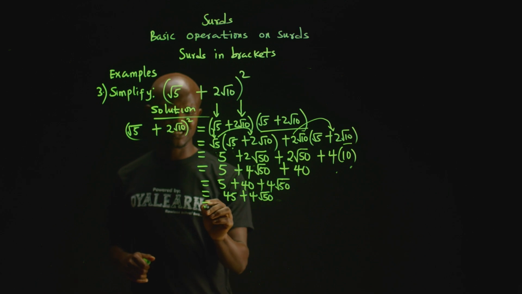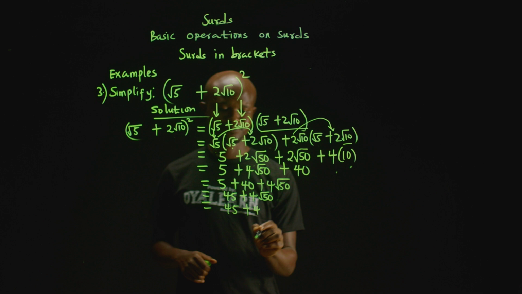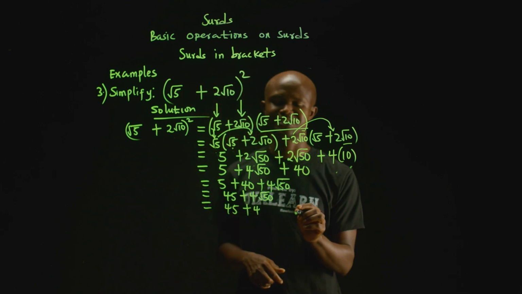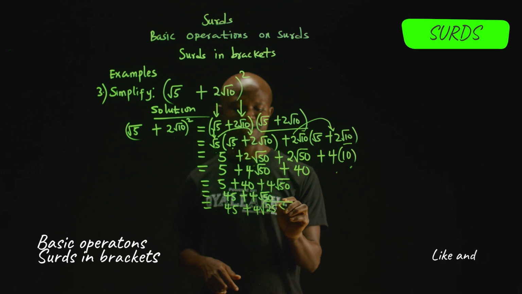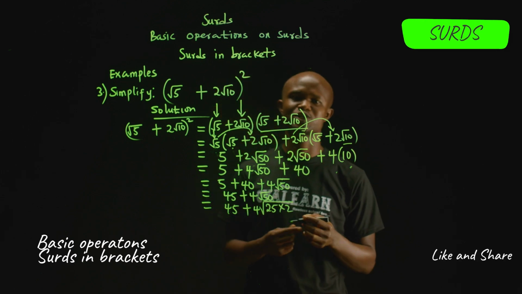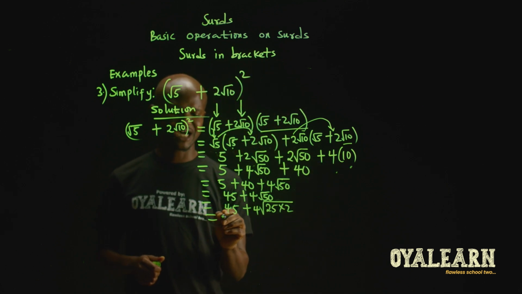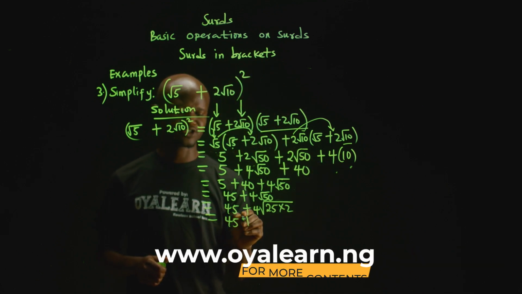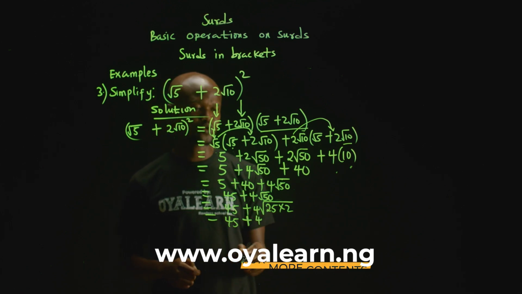Then simplifying further, we have 45 plus 4. We can split 50 as what? 25 times 2. Because the highest perfect square number in 50 is 25. So in this case, we have 45 plus 4 into what?